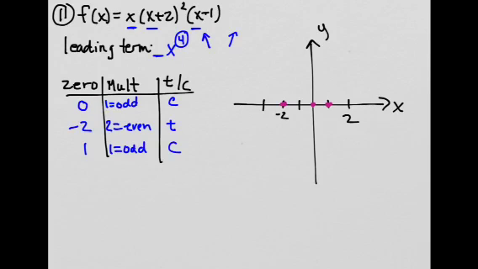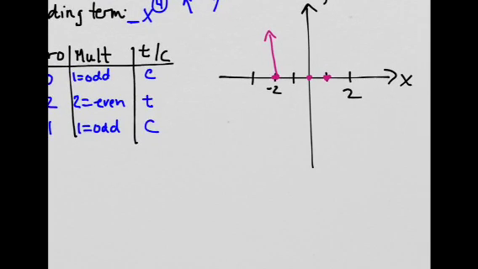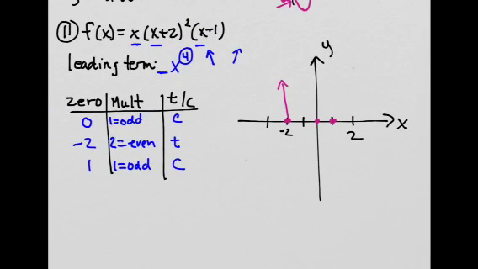So remember, it goes up, up, so on the left it's going to go up, and on the right it's going to go up. It's at negative 2, it's tangent. So what does that mean? That means it's going to cross through 0.